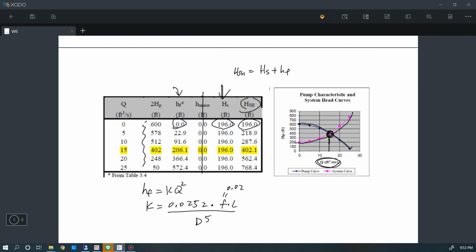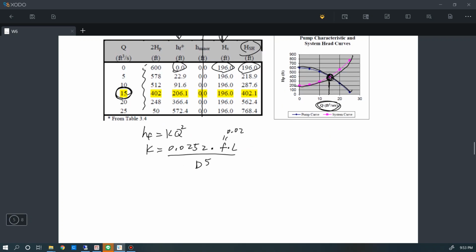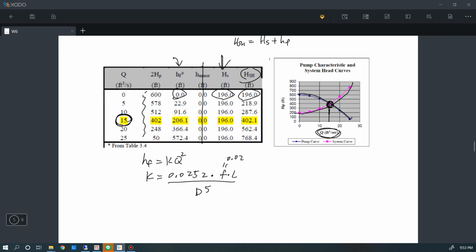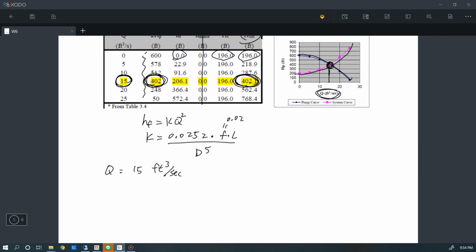In this case, the flow rate is equal to 15 cubic feet per second, because the energy that can be provided by these two identical pumps will equal the system's requirement. So we say that the flow rate will equal 15 cubic feet per second, and the pump energy provided by those two identical pumps will equal 402 feet.